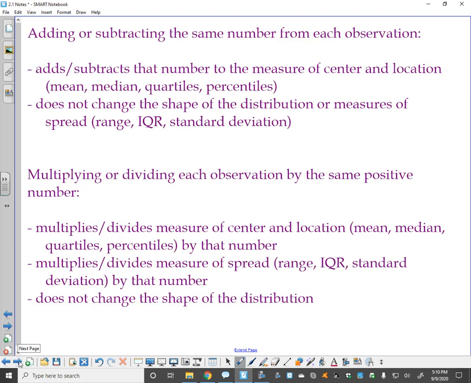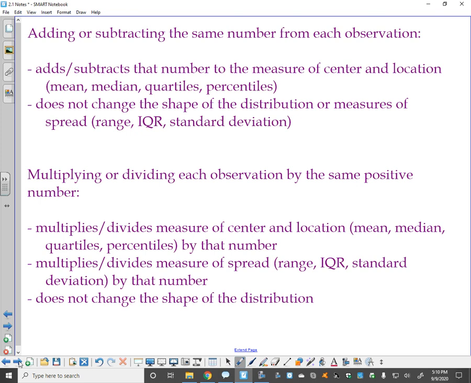Okay, so this last slide really helps to summarize how adding and subtracting and multiplying and dividing affects a distribution. If you add or subtract the same number from each observation, then you will either add or subtract that number to the measure of center and location.